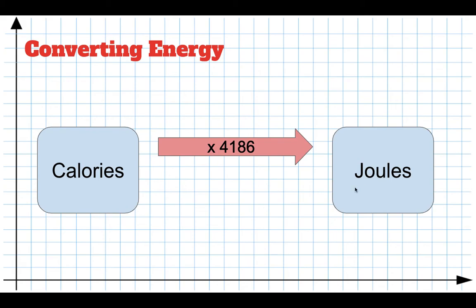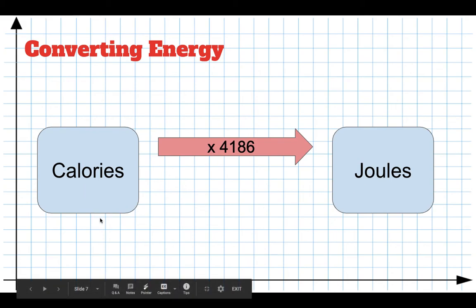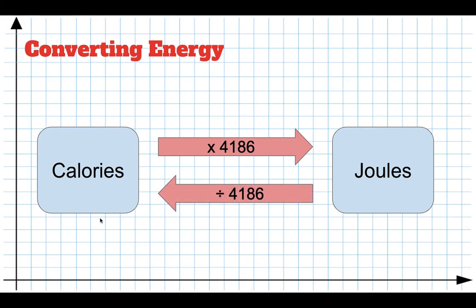What happens if you have it in joules and you would like to know what the energy is in calories? Well, then you divide by 4,186. So this is a fairly simple conversion, and we're going to solve some problems with it today. You just need to convert from calories to joules and from joules back to calories. All right? Okay, and that's what we're going to practice today.